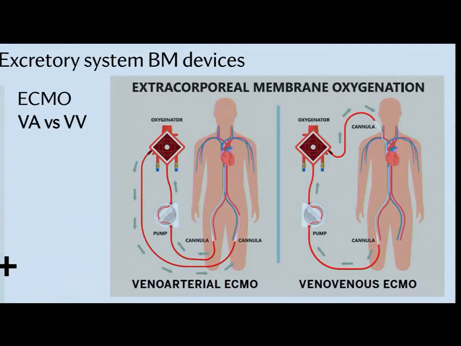This is from the vein, after it's gone through the organs, it takes it, oxygenates it, puts it in the right atrium. The other one takes it after it's deoxygenated, after the organs, and puts it back before the organs. Yep.